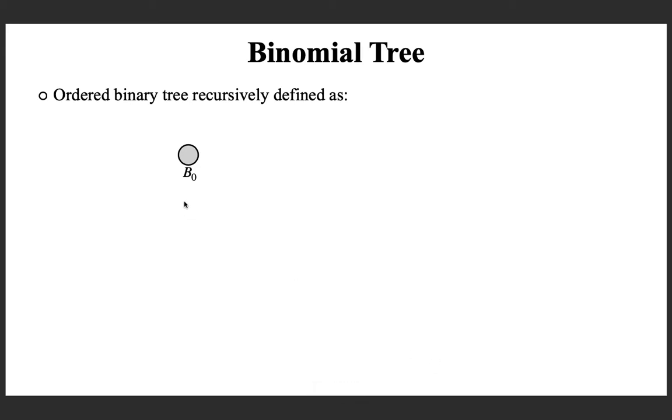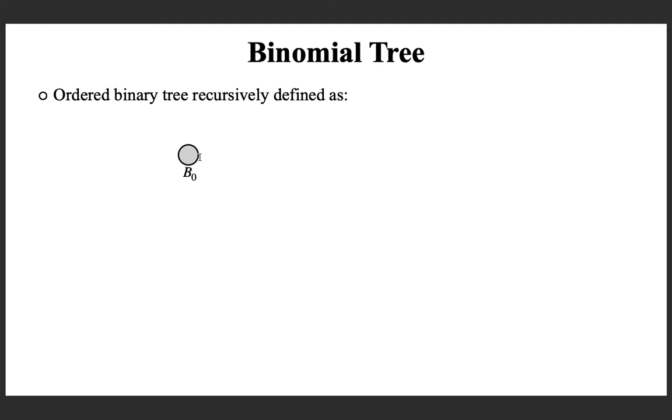So this is the simplest binomial tree, B0. Here this subscript stands for the height of the tree. Here there is only a single node, and hence the height is 0.